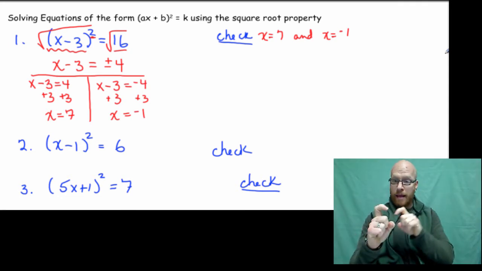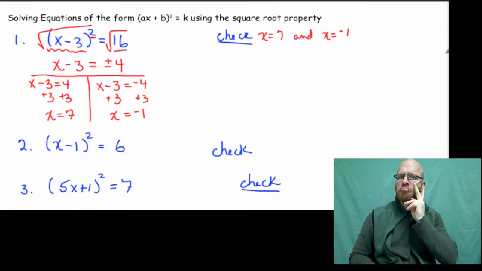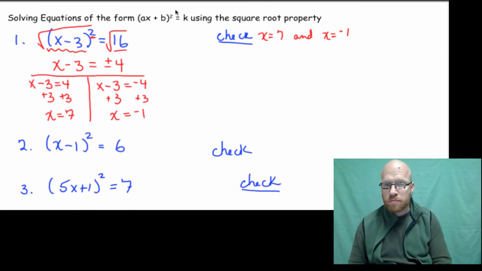So we have two answers. I'm going to put them back in the original equation. It should equal, both of them should equal 16 for 7 and for negative 1. We'll see.